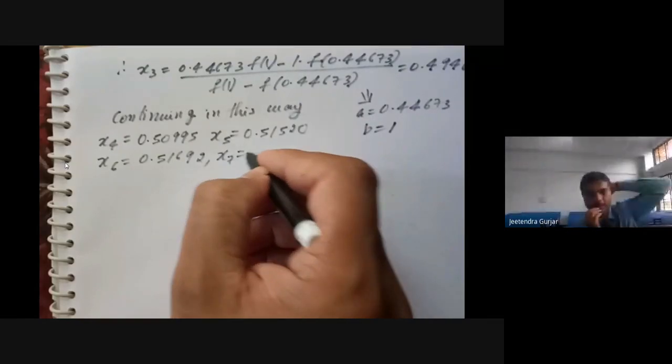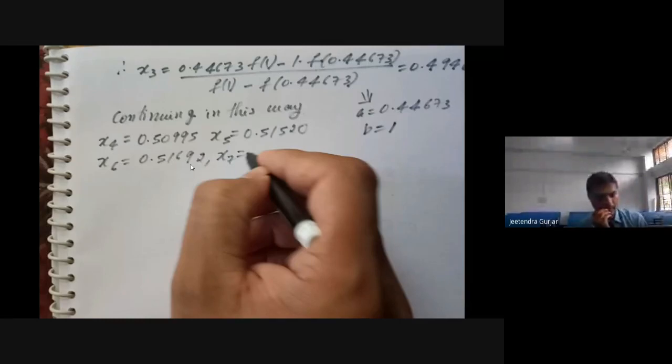Can you find out x7, everyone? So I will just mention what values you are going to substitute in x7. The A value is nothing but 0.51692. 0.51692 is the A value.